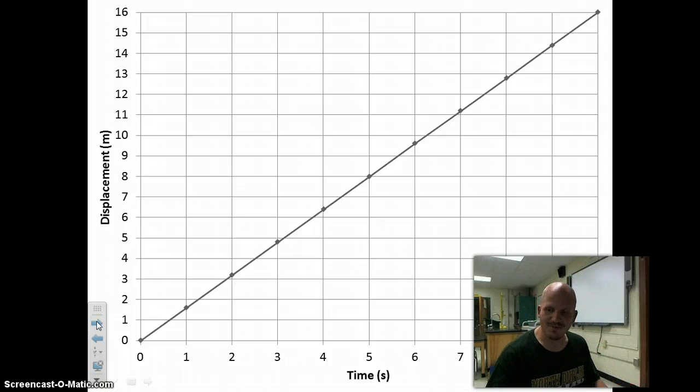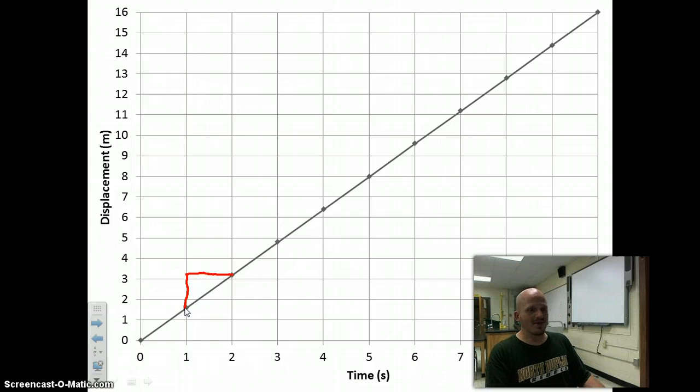And again, if we remember, slope is equal to the rise over the run. Now, because it's a straight line, this one's really easy. You can find any points that you definitely know the numbers and figure out your slope from that. So for example, I know down here at 0, it's 0, 0.